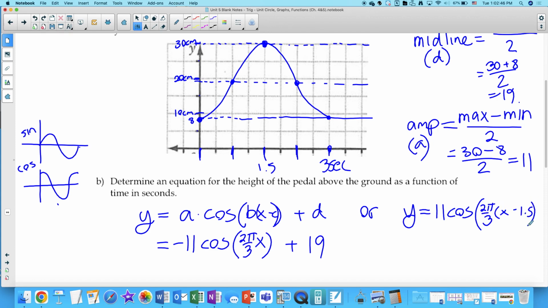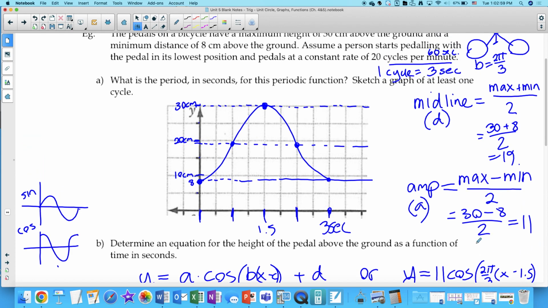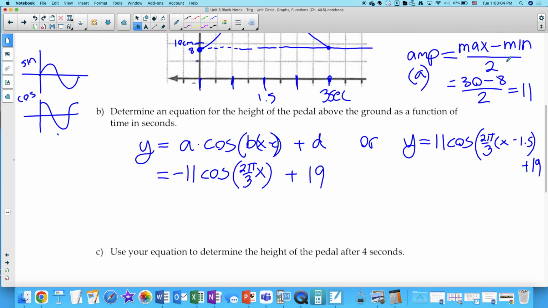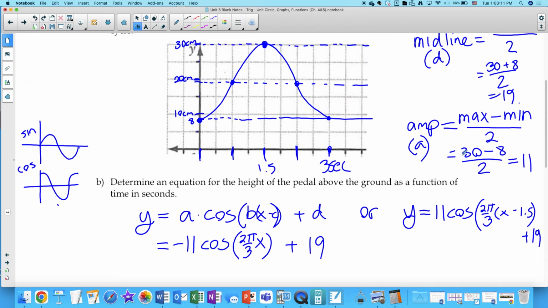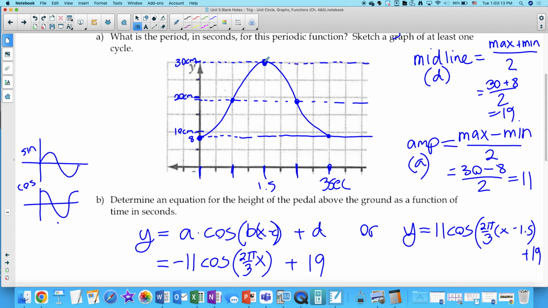These are the exact same function. Yes? For this one, is the b value 2 pi over 3, or is it just 3? The period is 3. Yes. Okay. The b value is 2 pi over 3. Now, because I'm making the amplitude positive, cosine starts at the top. So I have to include a phase shift as well, because the top has been translated 1.5 seconds to the right.